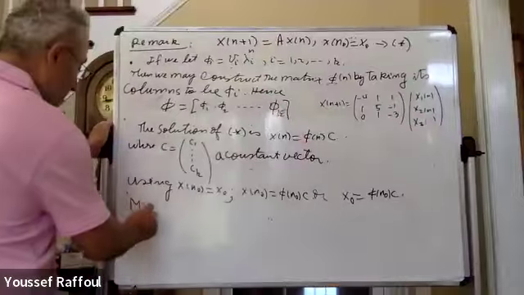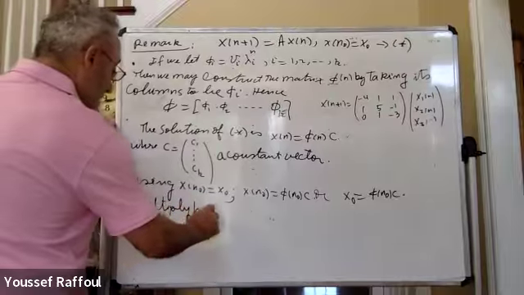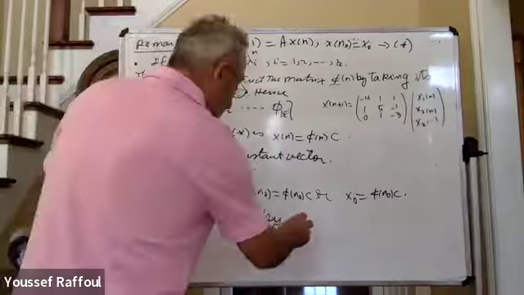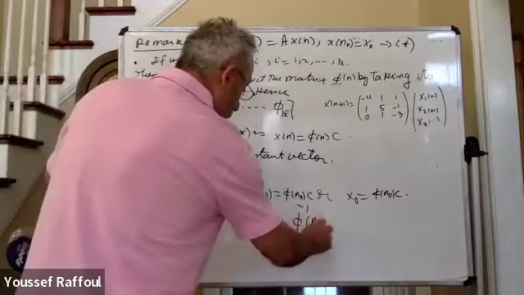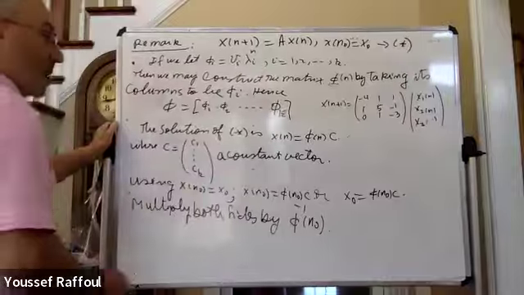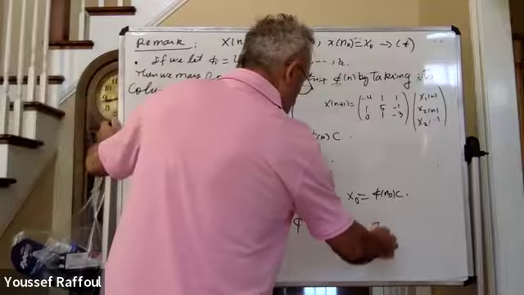Multiply both sides by phi inverse of n_0, from the left.